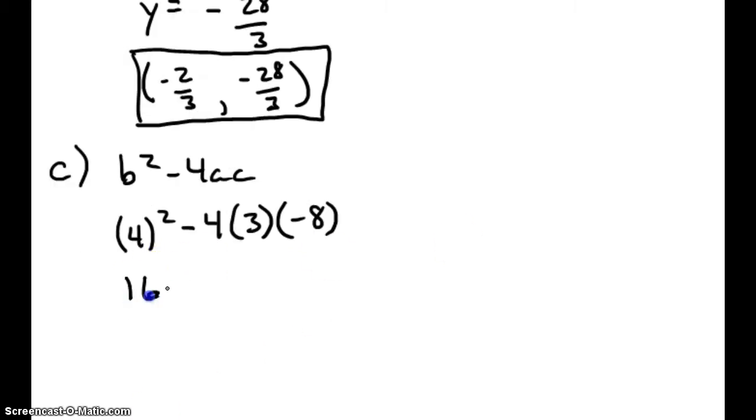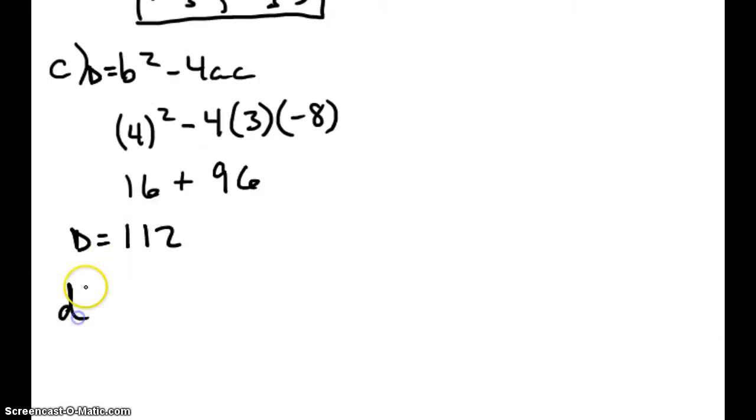That will give me 16 minus, that turns into a plus. Negative times a negative is a positive. 4 times 3 times 8. That's going to give me 96, and then if I add those two, I get 112. So my discriminant, if I call this D, my discriminant is 112.